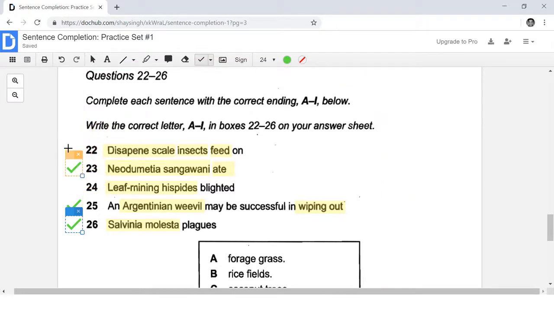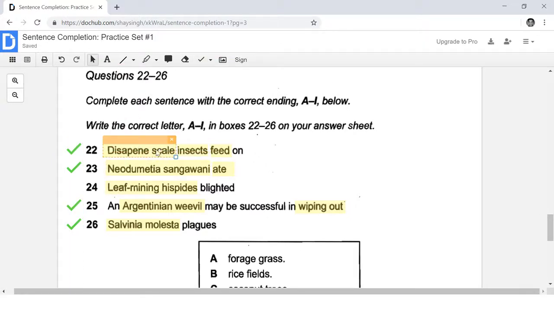I could also do number 22. I have a feeling that leaf mining hispides, well, this is not a proper noun. This might appear in the sentence without being capitalized, so it might be a little harder to find. And number 22 seems like a proper noun.